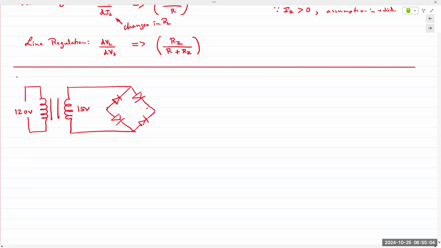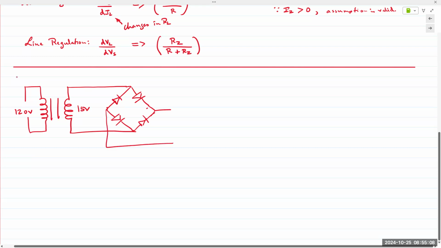The output of the bridge rectifier circuit would be about 13.7 or 13.8 volts. And that can be connected to a capacitor. Let's say the capacitor is 10,000 microfarads.